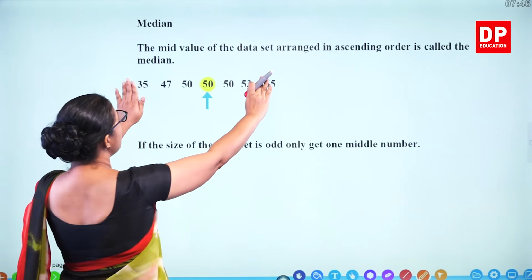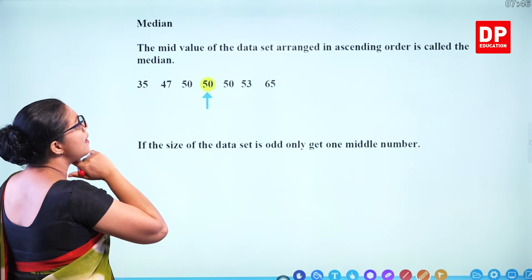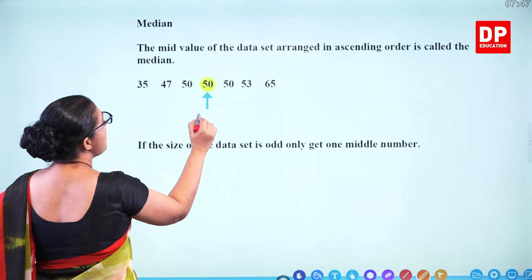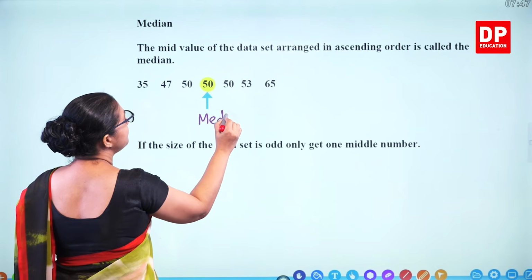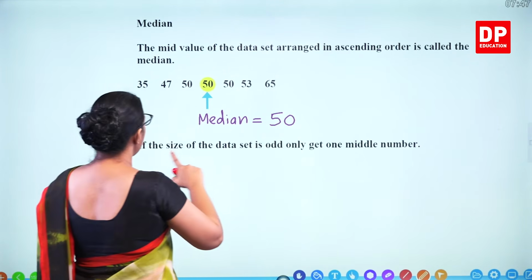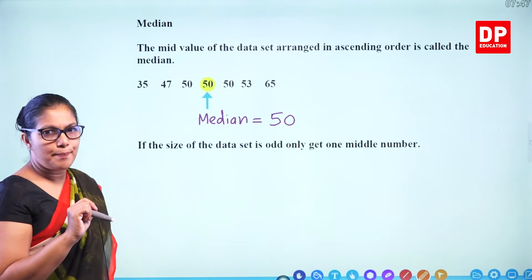When you take from corner to corner, you can see this is the middle value. So 50 is the median value here. If the size of the data set is odd, you only get one middle number.